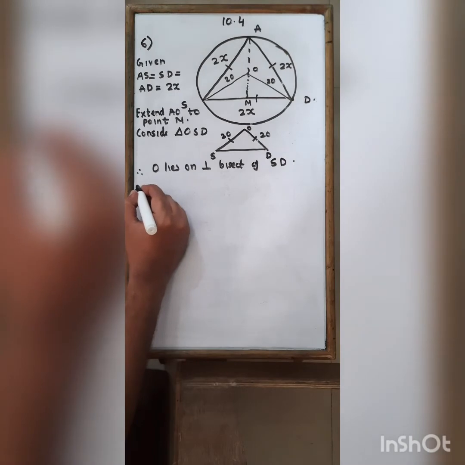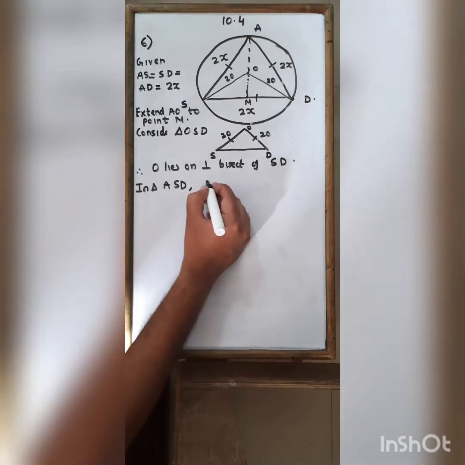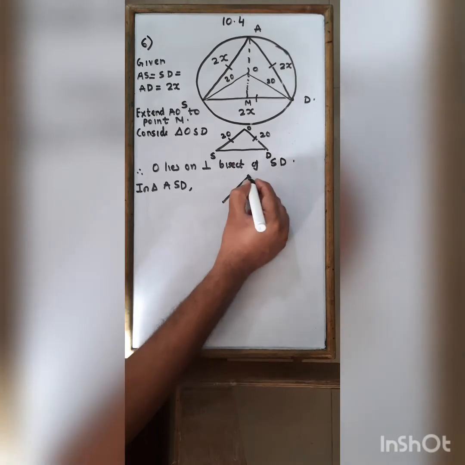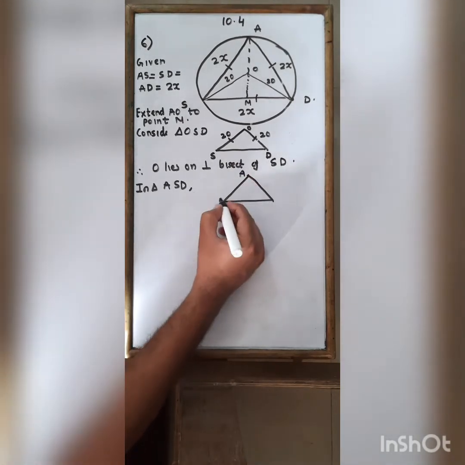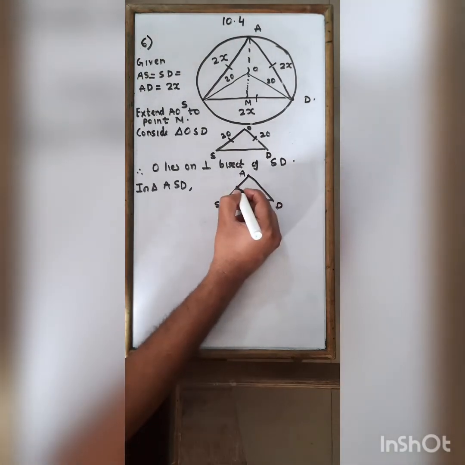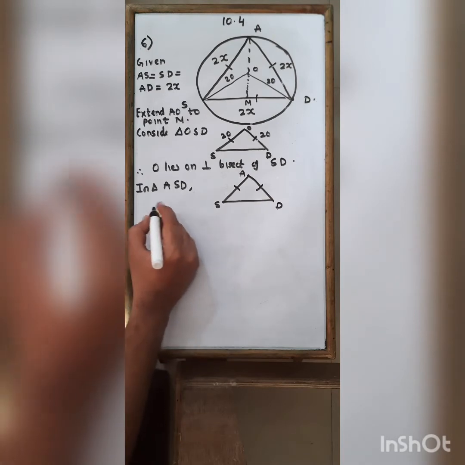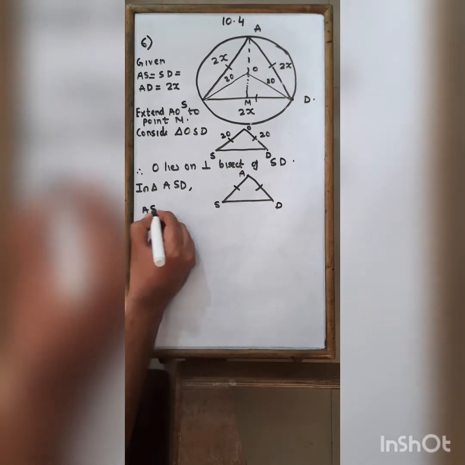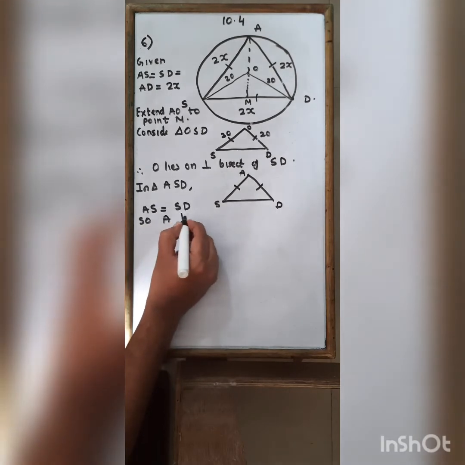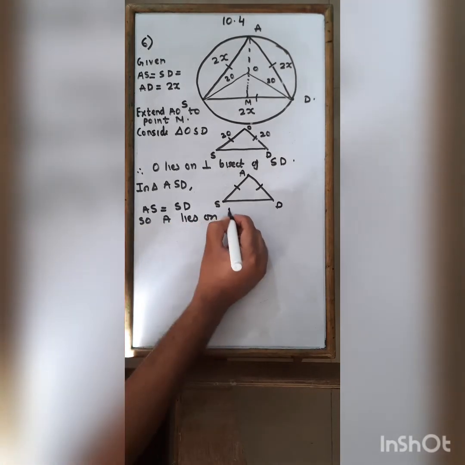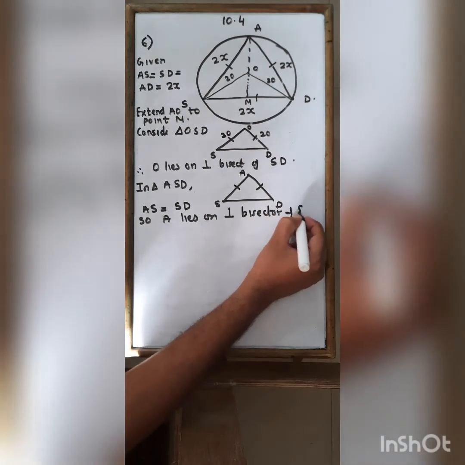Also in triangle ASD, can I say, this is your A, this is my S, this is my D, this and this is equal, 2x each. So therefore AS is equal to SD. So A lies on the perpendicular bisector of SD.